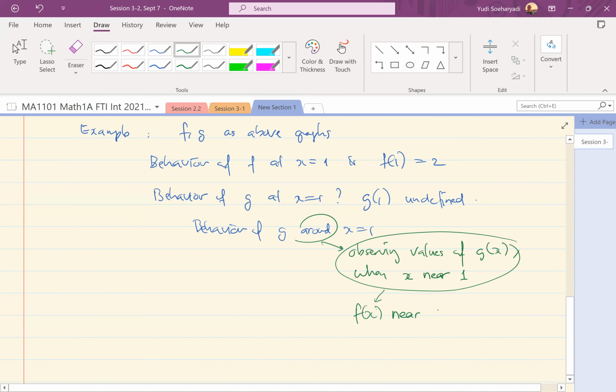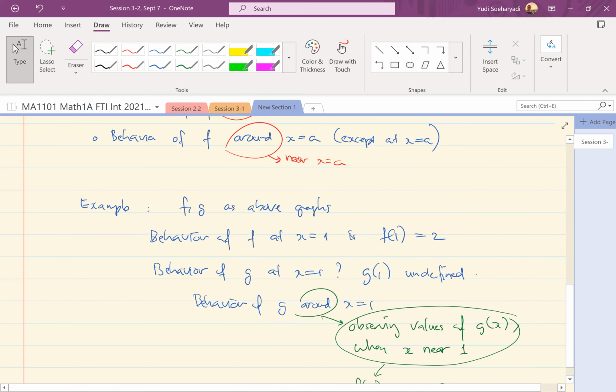Near. So we see. All right. So this is the idea of limit. Actually, we would distinguish between behavior of a function at a point and around a point.